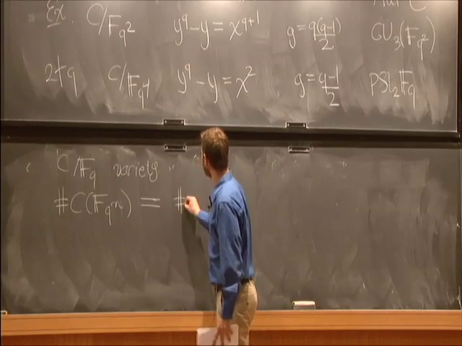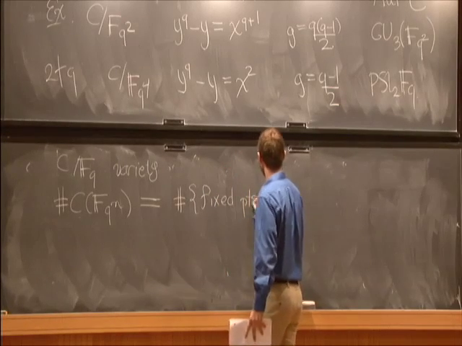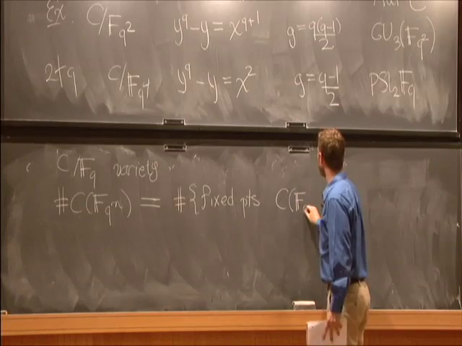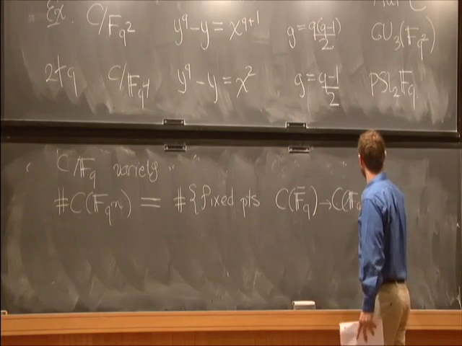This is the number of fixed points of this map from C over the algebraic closure to itself.